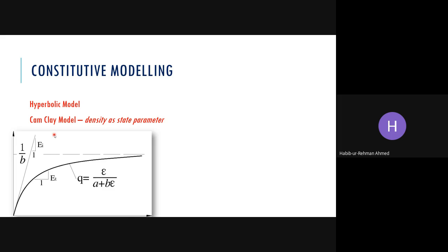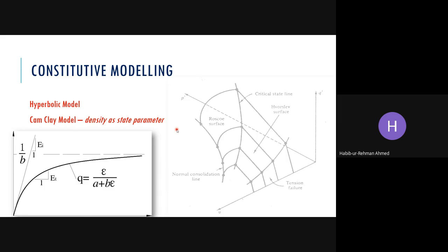I want to emphasize, there is one parameter which is the density of the soil. That's why I have shown you so many examples where density plays its role. So the first real model that can be considered to depict the real behavior of soil is the Cam-Clay model, with density as a state parameter. Okay, I'm going to show you this one.